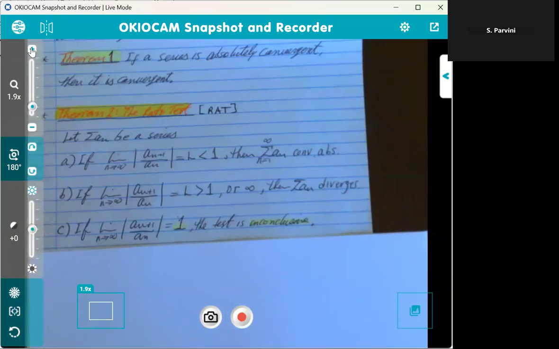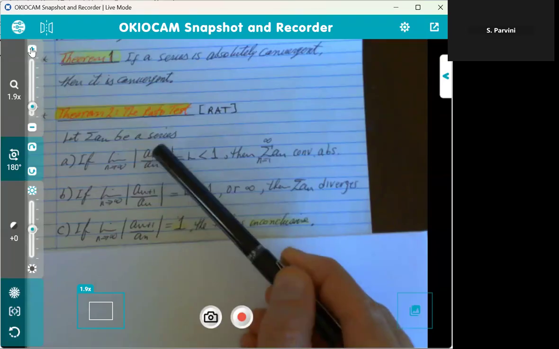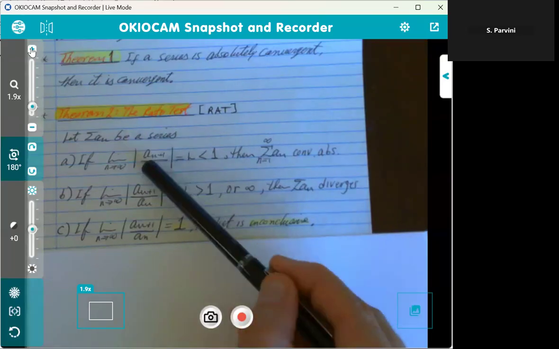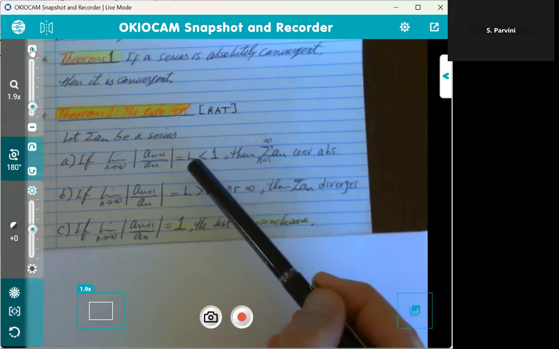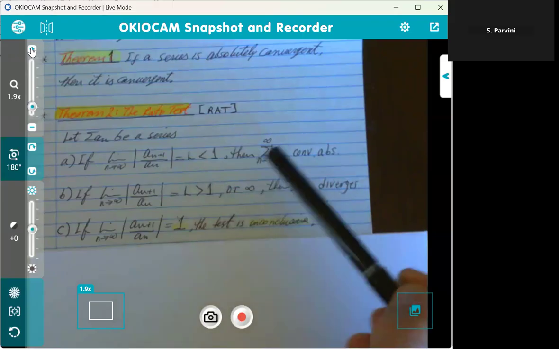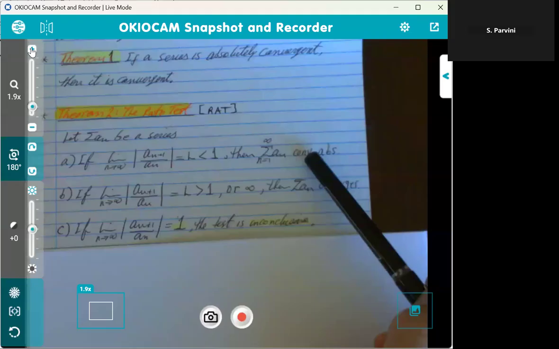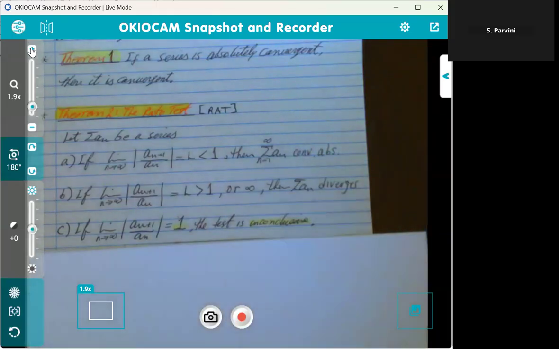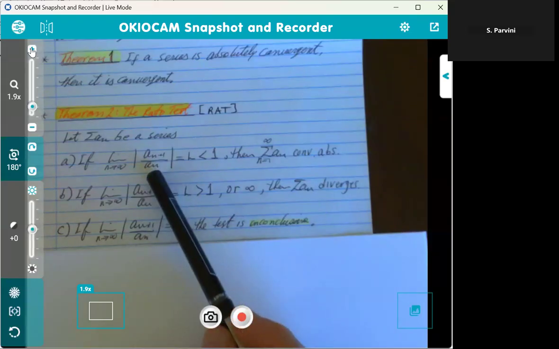If the limit as n goes to infinity of the absolute value of a_(n+1), the next term, over a_n, the term prior to that, is some number, call it the limiting value L, and if that number is less than 1, then the series sigma a_n itself converges absolutely. So for the ratio test, we take the ratio of the next term over the nth term.